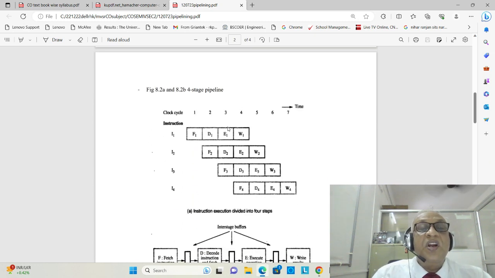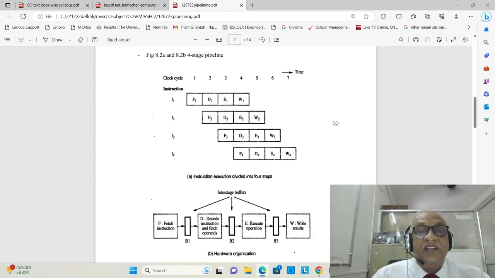Now we are going to refer to figure 8.2a and figure 8.2b for four-stage pipelining. So let us look at this. How many instructions are there? Let us say instruction 1, instruction 2, instruction 3, instruction 4. Every instruction has four steps here: fetch the instruction, decode the instruction, execute the instruction, write the result.